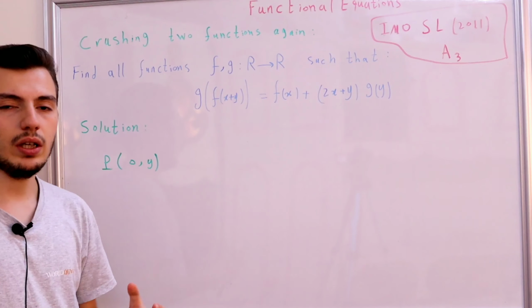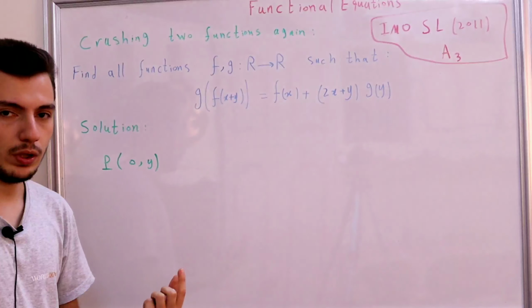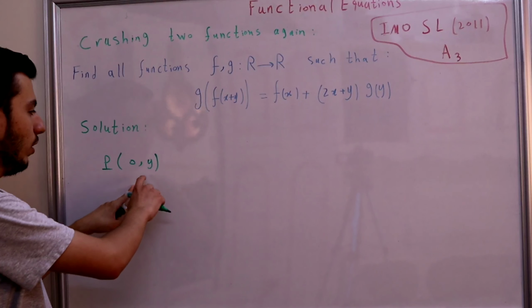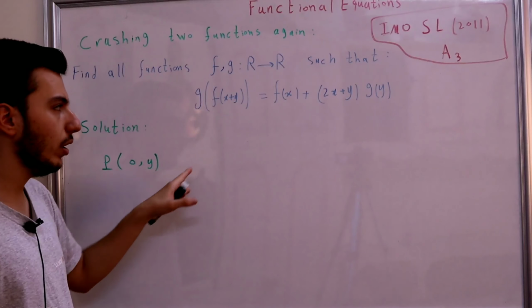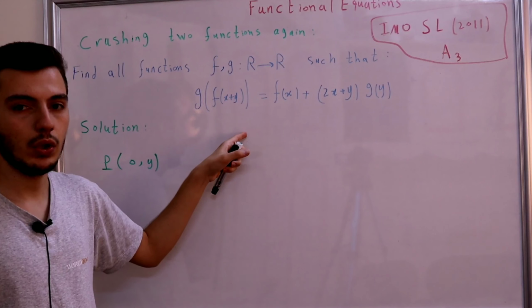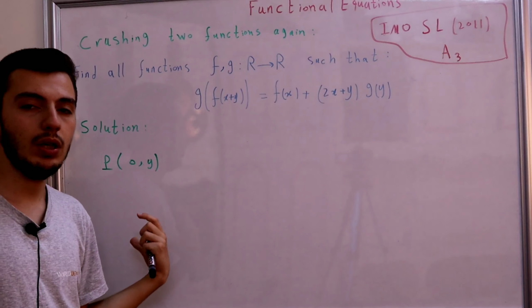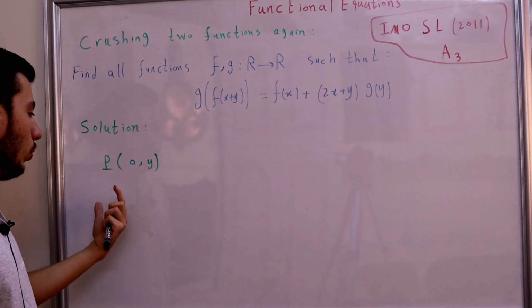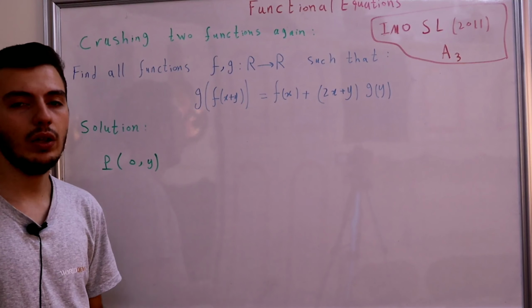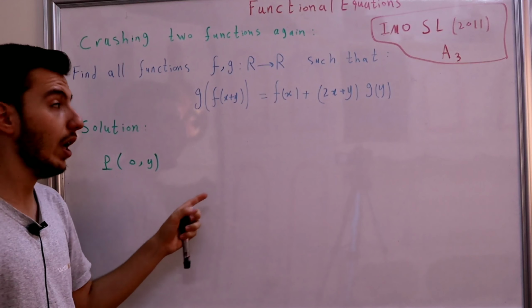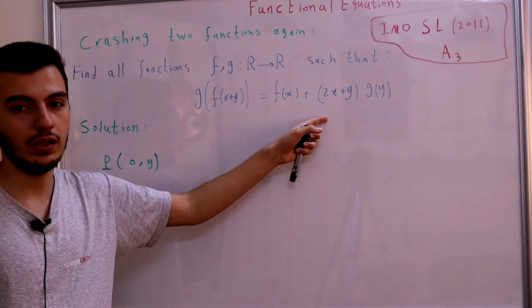Here I want to tell you a nice trick that I use. I often like to deal with only one variable x. So instead of substituting x equals 0 and keeping y, I like to substitute 0 for x and x for y. Then I have only one variable, x.